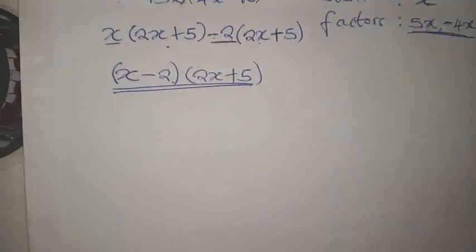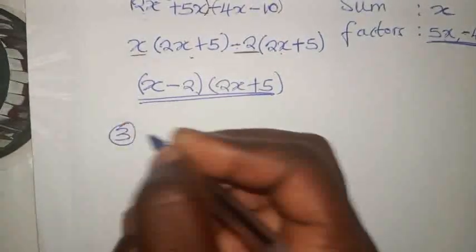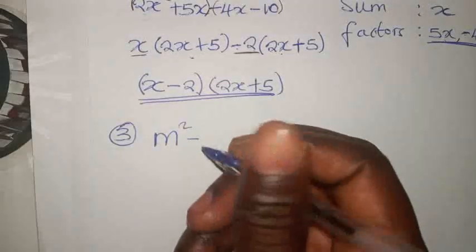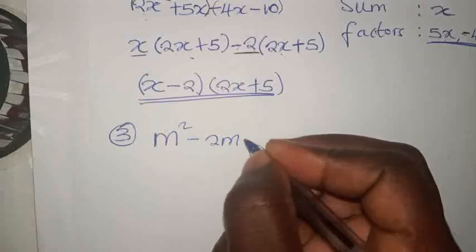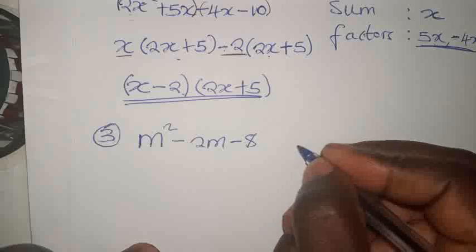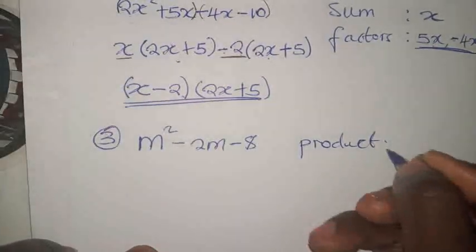Okay, let's go to the last example, which I'll call number 3. We have m squared minus 2m minus 8. Again we do the same. We'll find our product. Okay, what is our product?